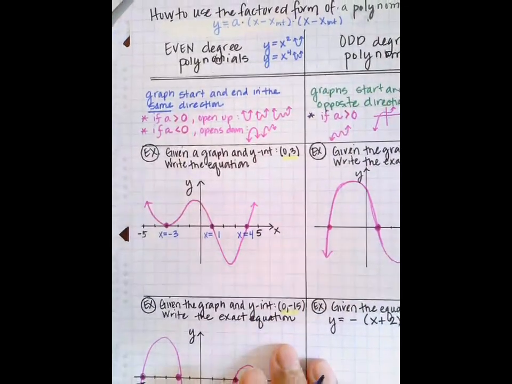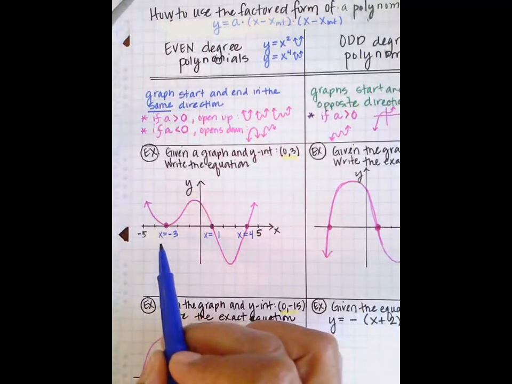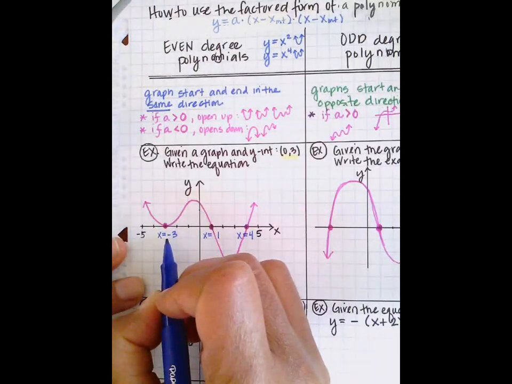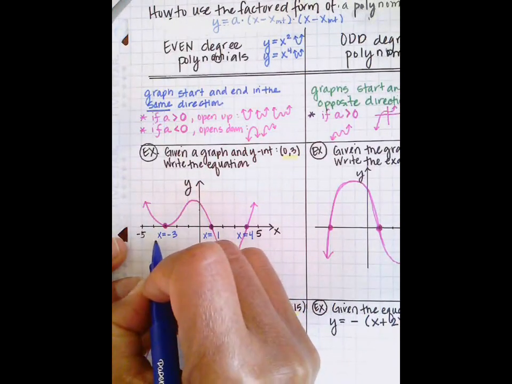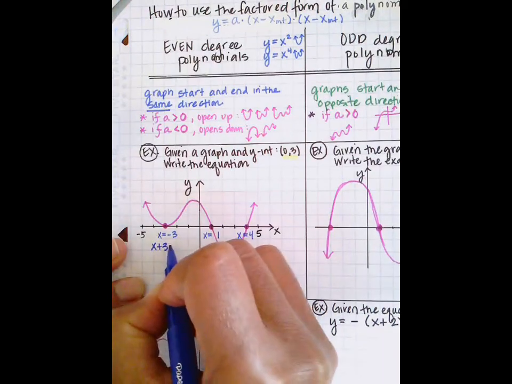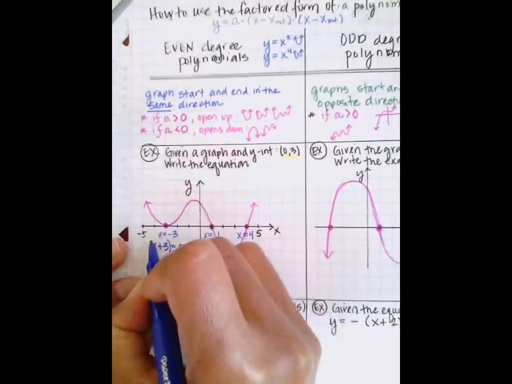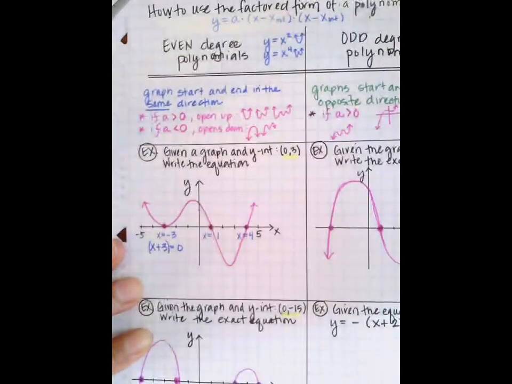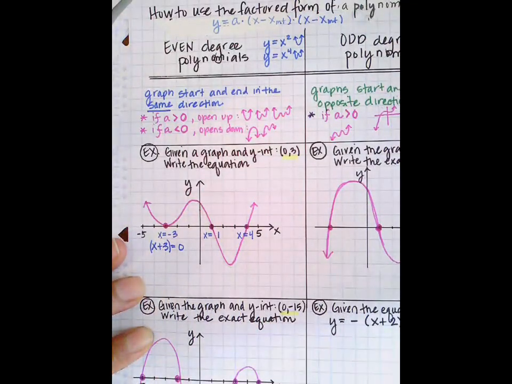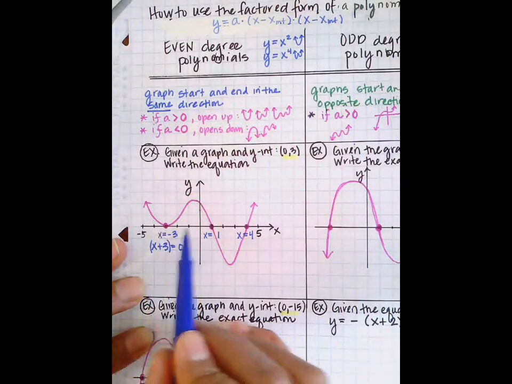And if you think about working backwards, if you were using the zero product property, the linear factor that would correspond to this x-intercept, if I add the 3 to the other side, I would get x plus 3 equaling 0. And so therefore, that's how we figure out that linear factor. But of course, there are 1, 2, 3 linear factors that will correspond to this graph.